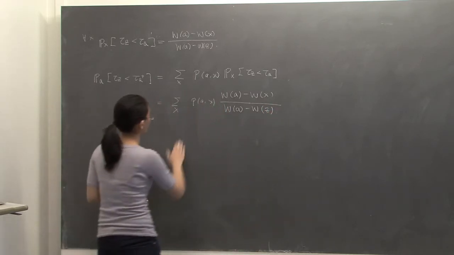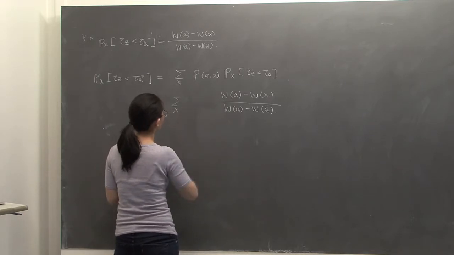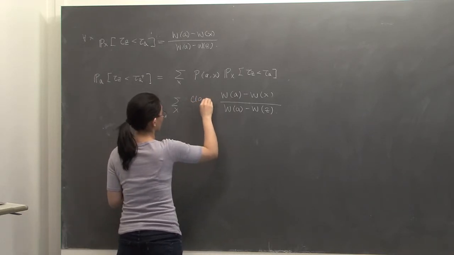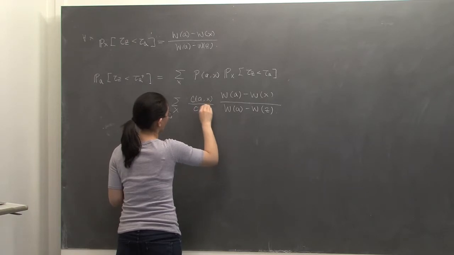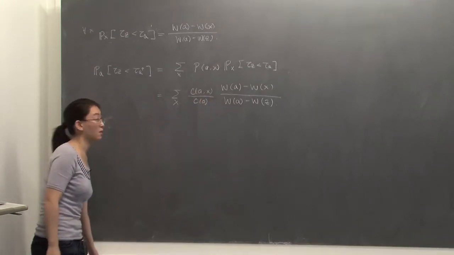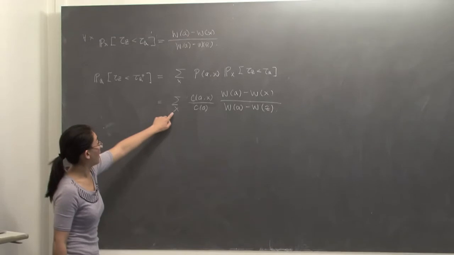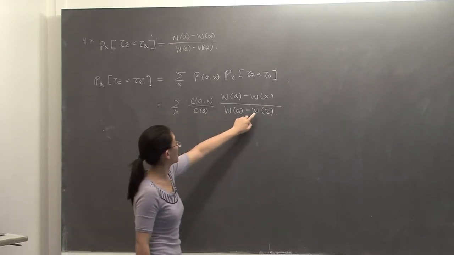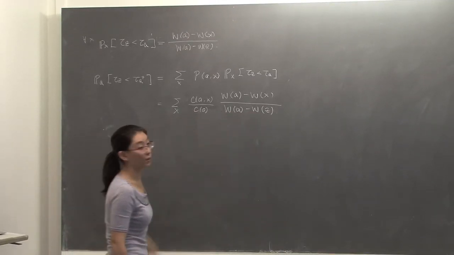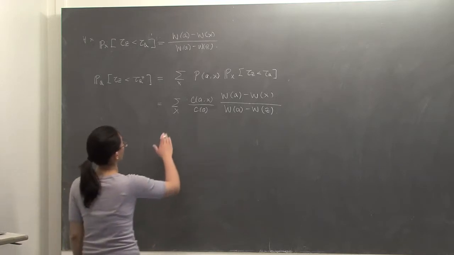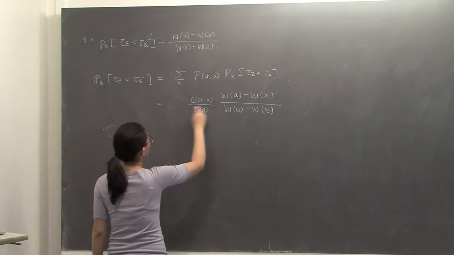And what is P by definition? It is just the normalized conductance. And here we are summing over X. So this C_A and W_A minus W_Z have nothing to do with X. We can just put them outside the summation.